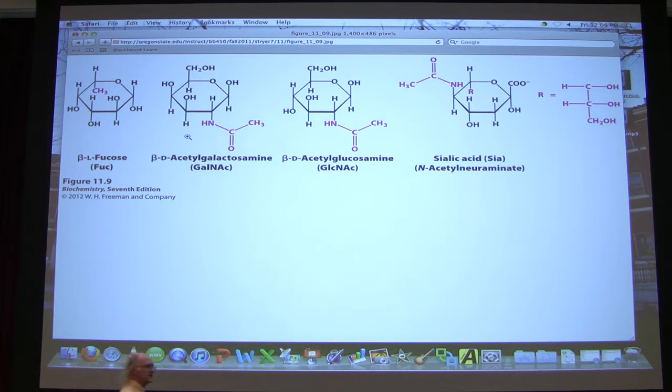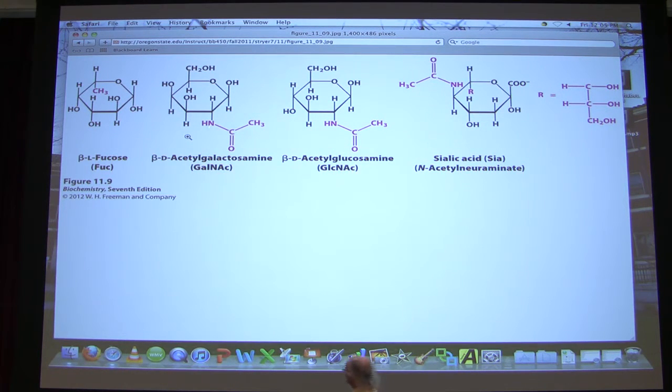You'll also notice that it's in the L configuration. I said we predominantly see things in the D, but we do see some things in the L configuration. Fucose is one of these that we find in the L configuration. And you'll notice that the L configuration means that that last carbon goes down instead of going up. So the D carbons are always going up. The L carbons are always going down in that ring structure, as you see there.